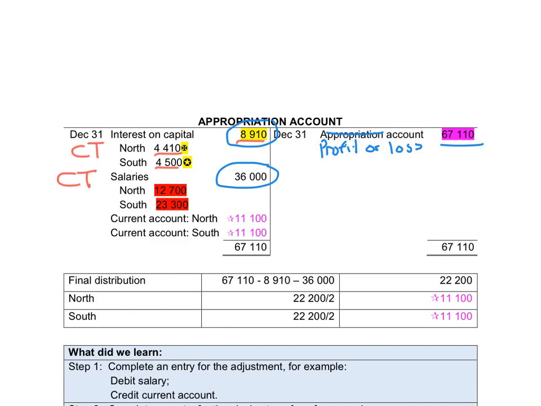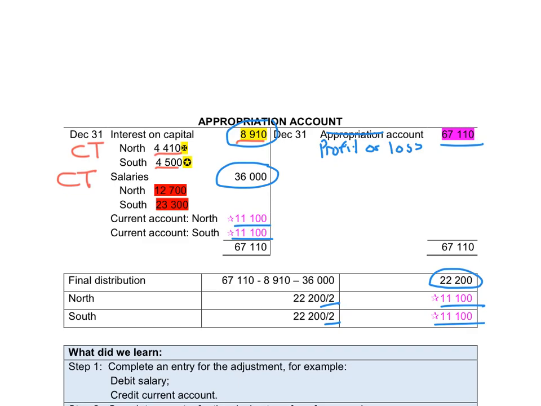If we subtract that, it means that the amount that's left over that can be distributed as a final distribution of profit between the partners is 22,200. We said they are equal partners, so it means that both of them will get 11,100 Rand additional profit.